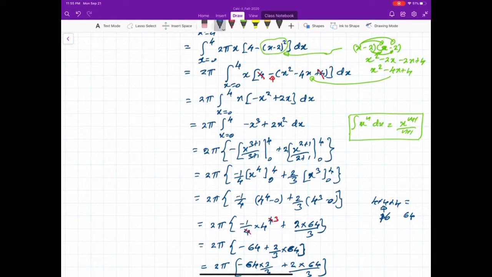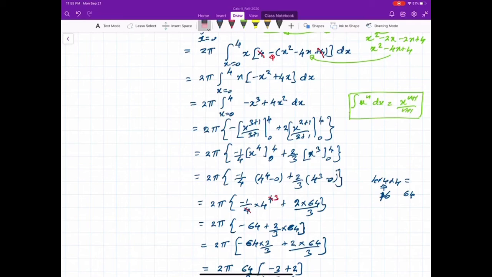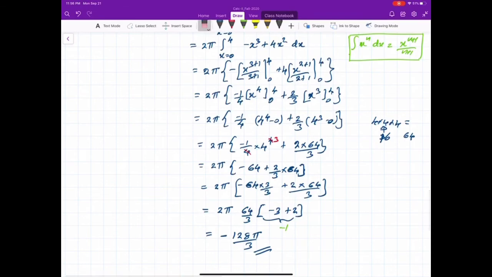Now let me make the correction. Since this is minus 4, you will get plus 4 here, and then plus 4x there, 4x squared there, and then 4 here, and then 4 here, and then 4 times 4 and so on.